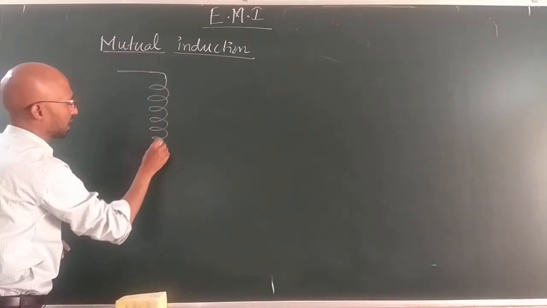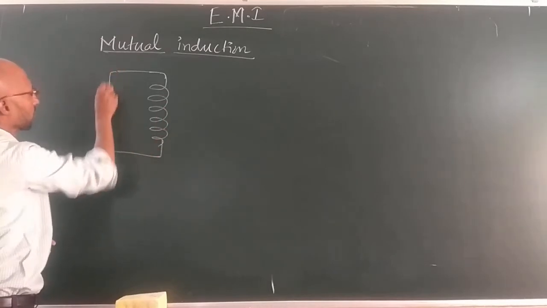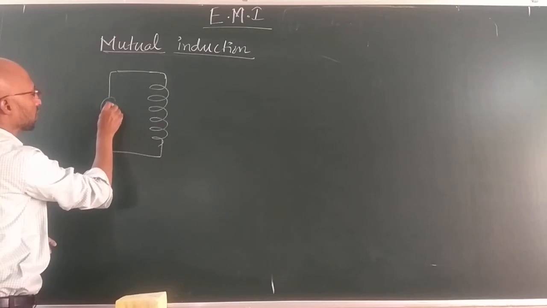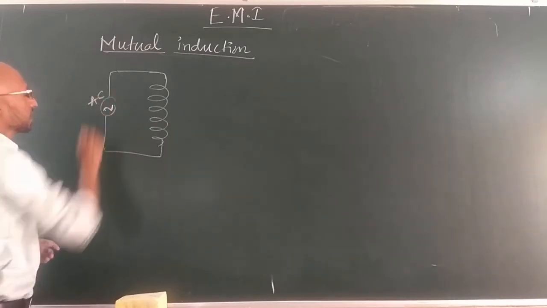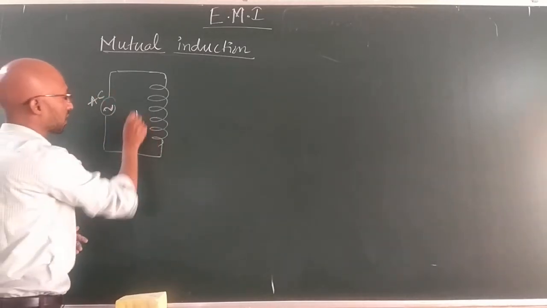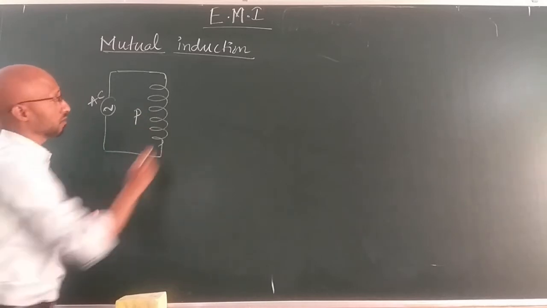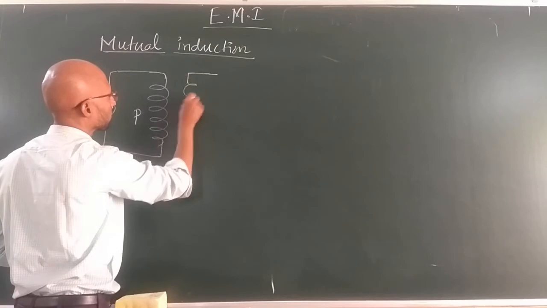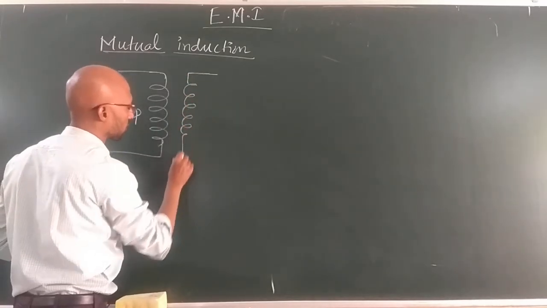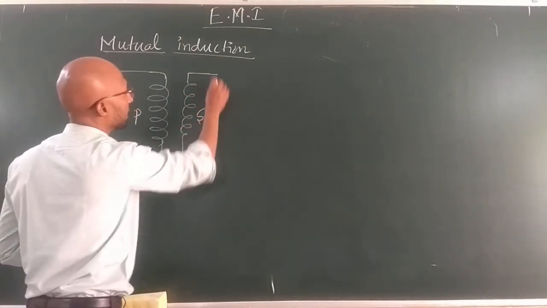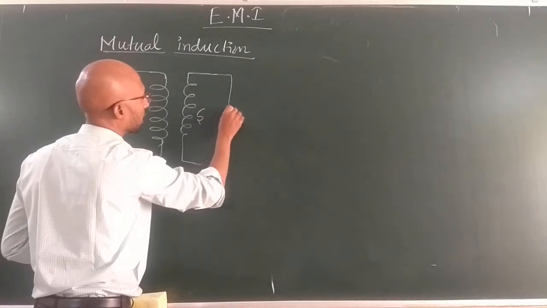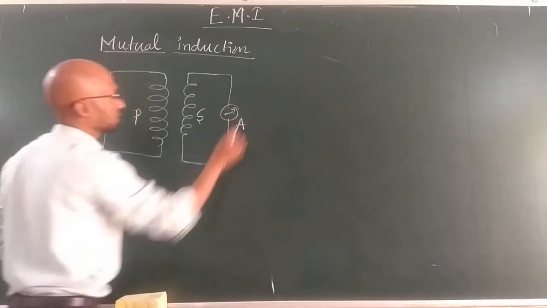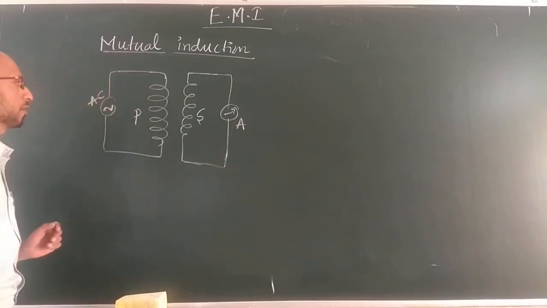Let us have an arrangement of two coils. This is the symbol of an alternating current, an AC voltage source. Let us say this is the primary coil. I have one more coil here, which is the secondary coil, and I have an ammeter here recording the current.